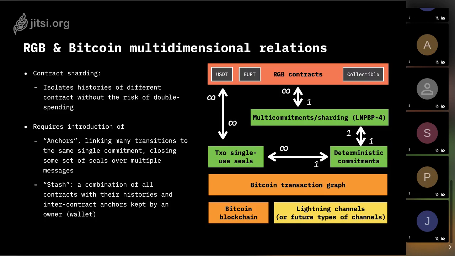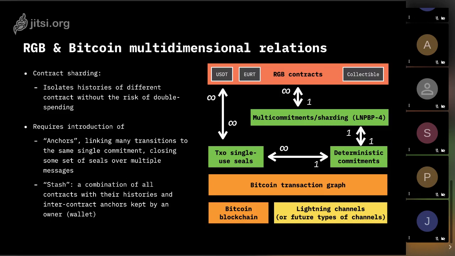They are still able to verify the history without seeing all the data there. After it is verified, it is merged into the stash of that other party, so they will be able to keep the history inside their stash. So that's the basic workflow of how RGB works with multiple assets.